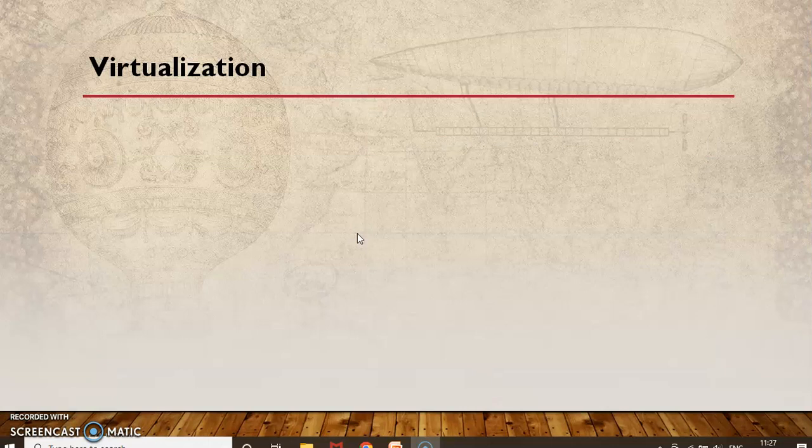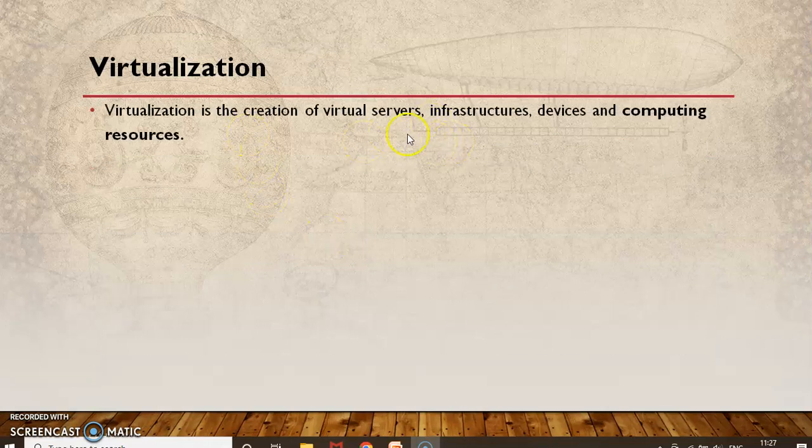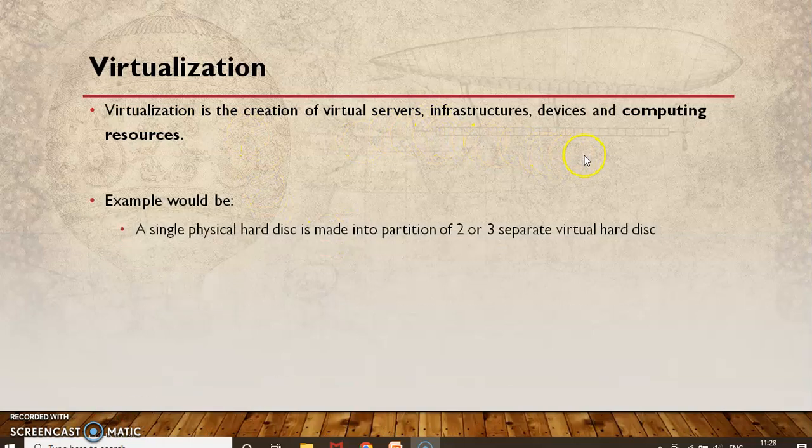So what is virtualization? Virtualization is the creation of a virtual server, infrastructure device, or computing device. As an example, in a laptop, you could have a single hard disk, which is quite common. You partition it into 2 or 3 virtual hard disks. Maybe a C drive wherein you have all the OS related information, so you don't manipulate the C drive even by mistake.